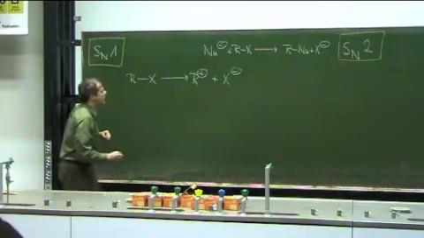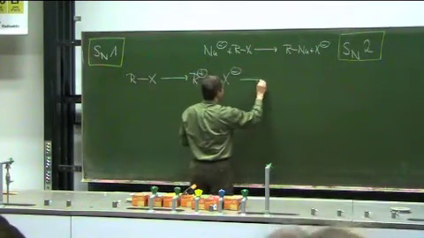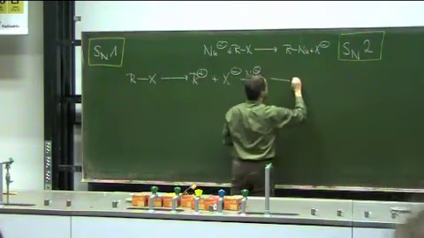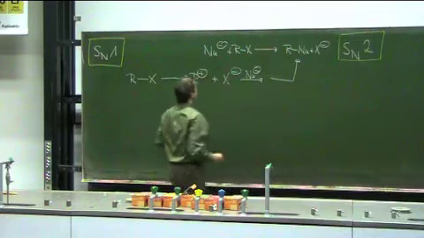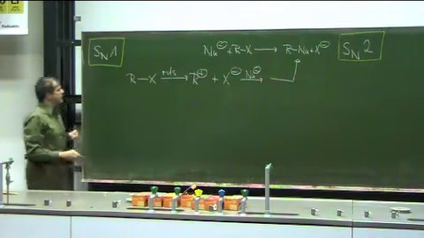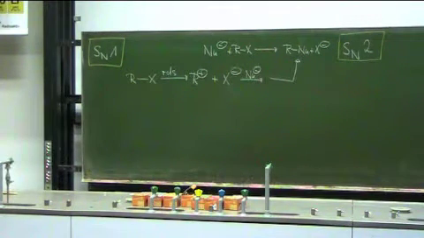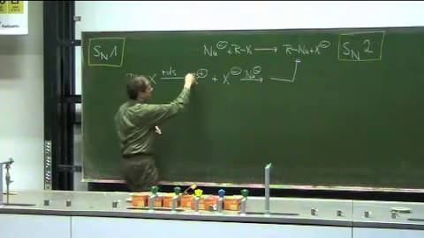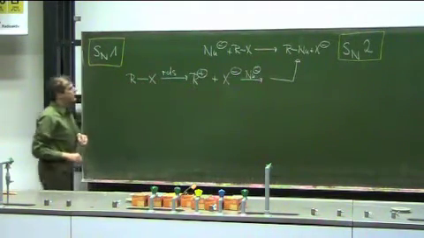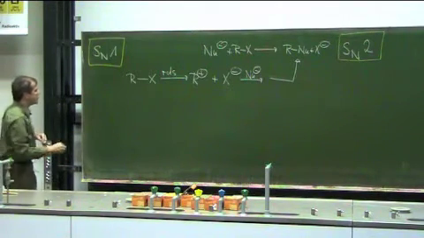The first mechanistic proposal, and of course you know all this, is that the rate determining step is the dissociation of your starting compound forming a carbocation, and then the nucleophile comes in the fast second step and gives you the product.